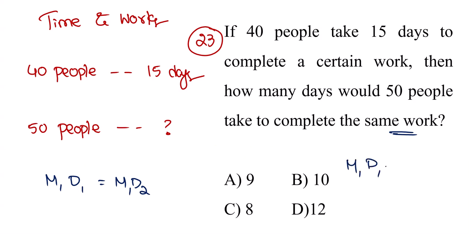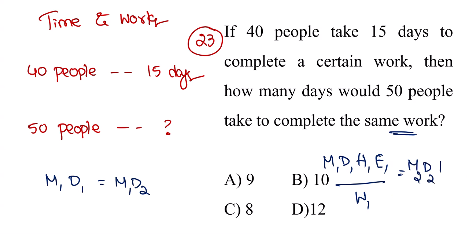M1, D1, H1, E1 upon W1, all these are available. I'll write it on both sides. So M1, D1, H1, E1 upon W1. This is part of one group. The other group is M2, D2, H2, E2 upon W2. Here in the question, the work is the same, so W is not required. Hours are not mentioned.